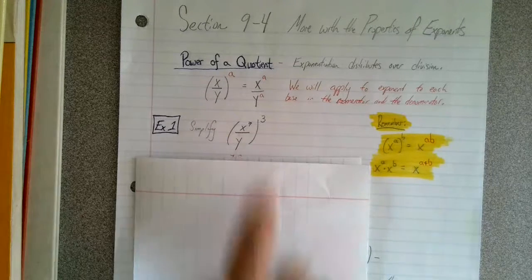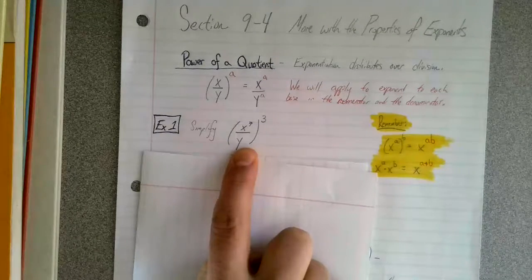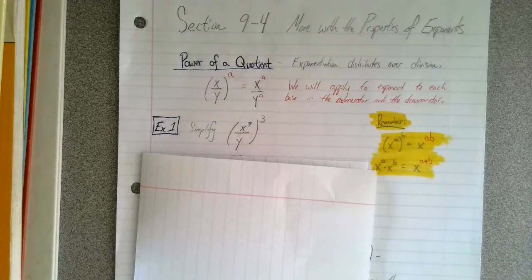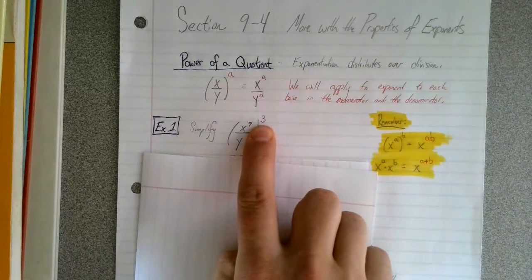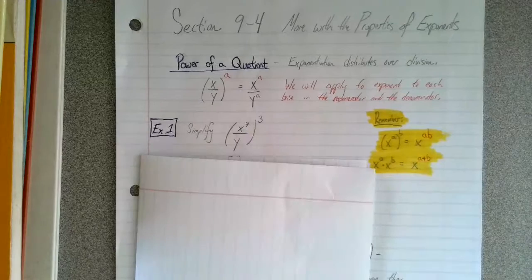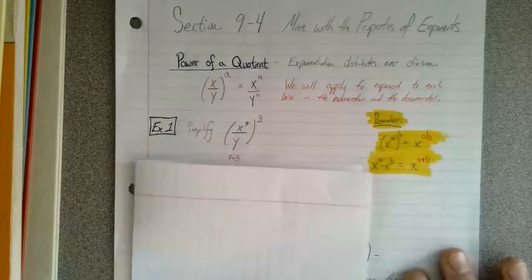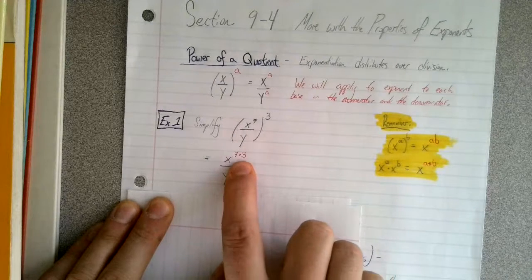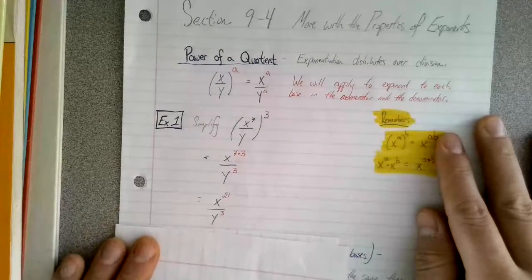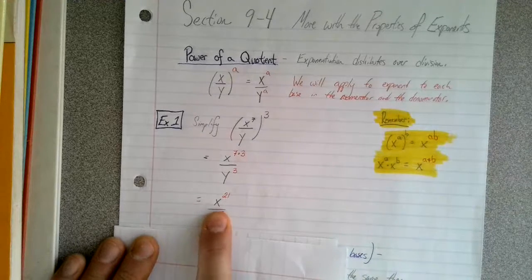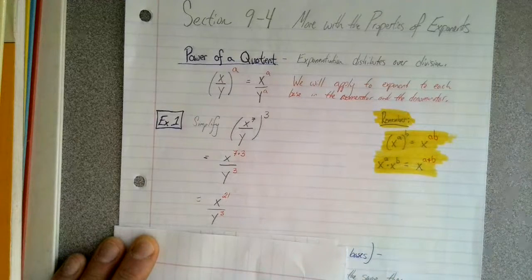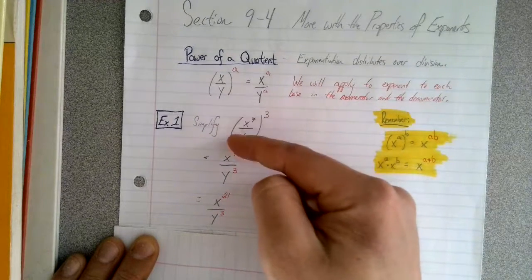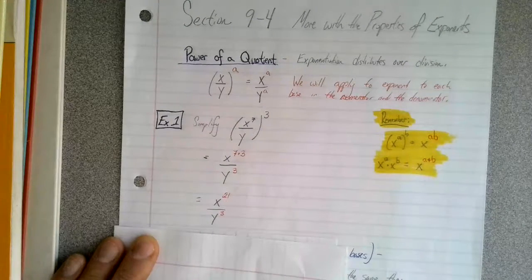So for example, if we had x to the 7th over y, and that entire quotient or fraction being raised to the third power, we're going to apply this exponent of 3 to both the numerator and the denominator. And what we'll get is that we have this power of a power. So we're going to multiply these exponents together, and we'll finish with x to the power of 21 over y to the third power. And once again, we were just applying this exponent on the outside of the parentheses to each base in the numerator and the denominator.